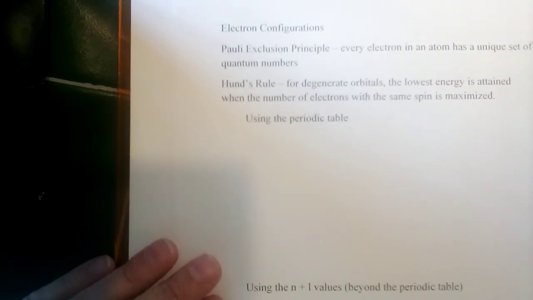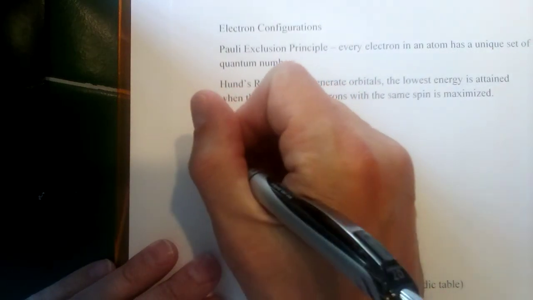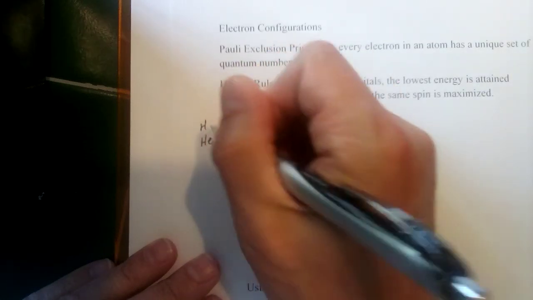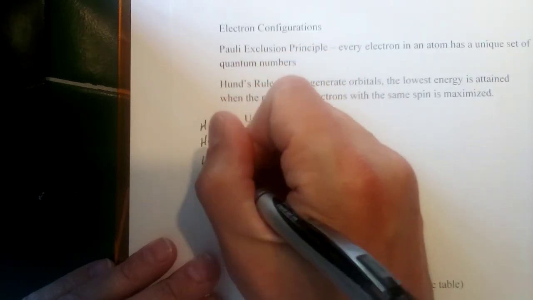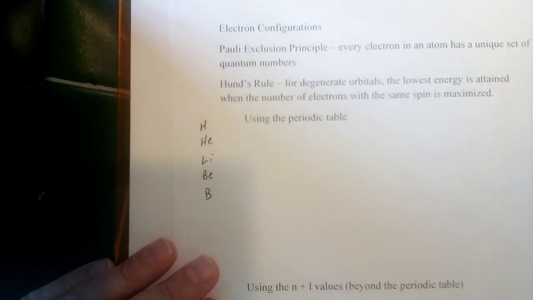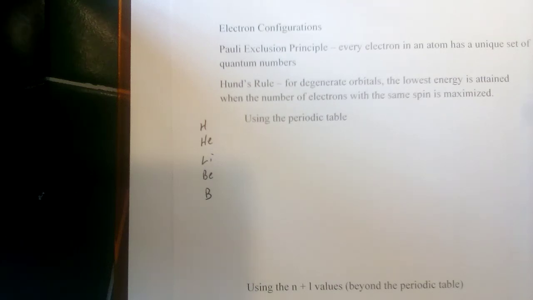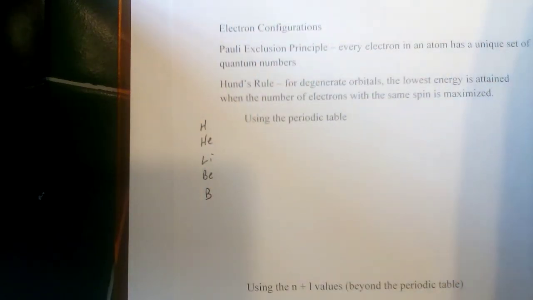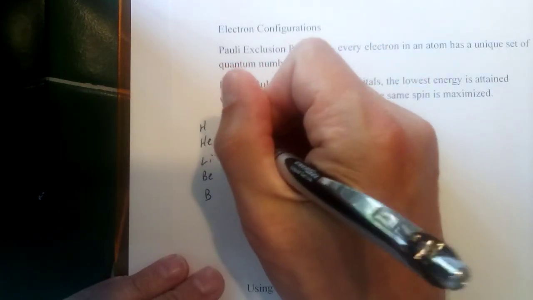And just to give you an idea of the nomenclature, let me just do the first couple elements. Hydrogen, helium, lithium, beryllium, and let's go up to boron just to give you an idea. Right? If we find hydrogen in the periodic table, right, it has 1 electron. That electron is going to go in the first available place that electron can live.